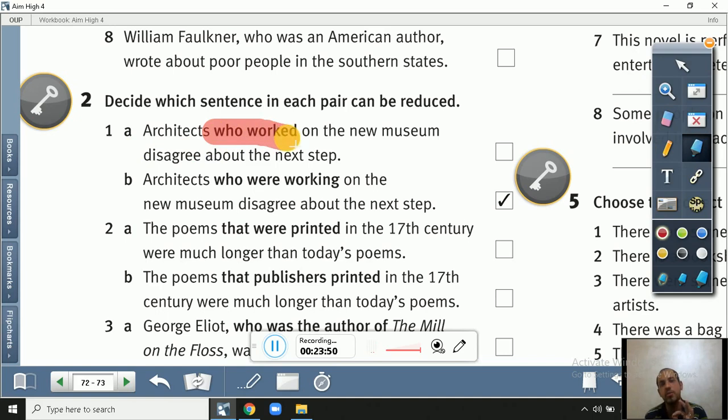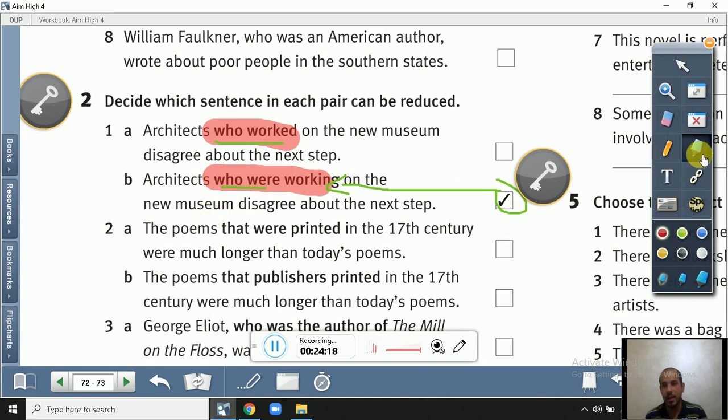Here we have who worked, and here we have who were working. Here it is combined with the verb to be, but here it doesn't. So we can reduce this one because this is the condition: the relative pronoun is combined with a verb to be.